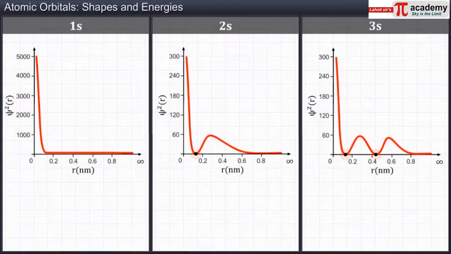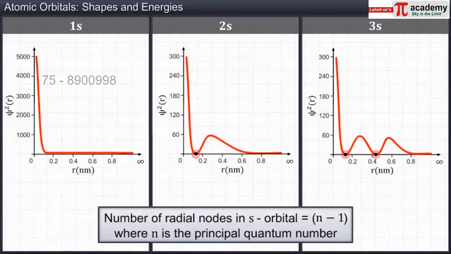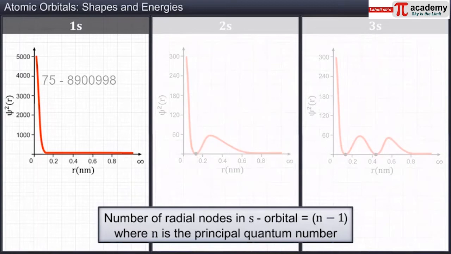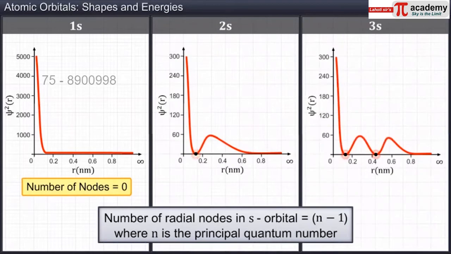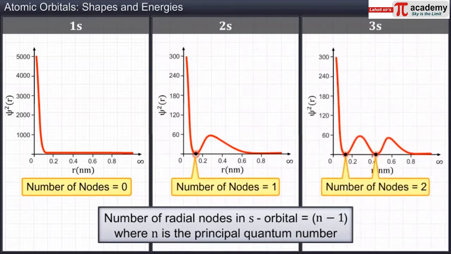For s orbitals, the number of radial nodes increases with the value of the principal quantum number n, and is found to be equal to n-1. Therefore, 1s orbital does not show any nodes, whereas 2s and 3s orbitals show 1 and 2 nodes respectively.